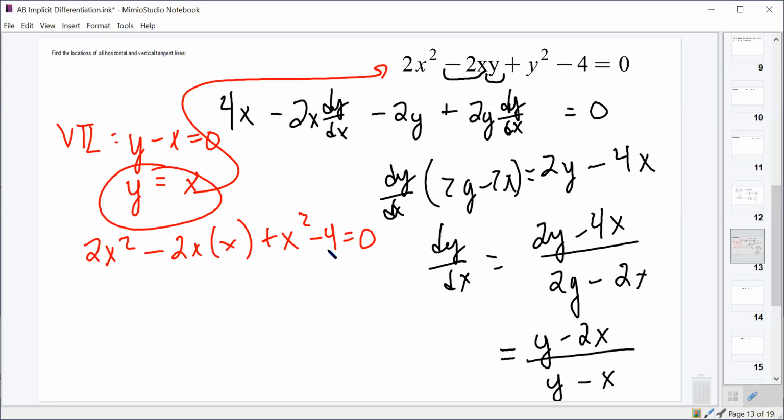And solve. And so the 2x squared and the minus 2x squared go away. What do we get? We get x equals positive or negative 2. Everybody good with that? So those are our vertical tangent lines right there. The equations x equals 2 and x equals negative 2 were our vertical tangent line solutions. Those are the locations of where we think the vertical tangent lines will occur.